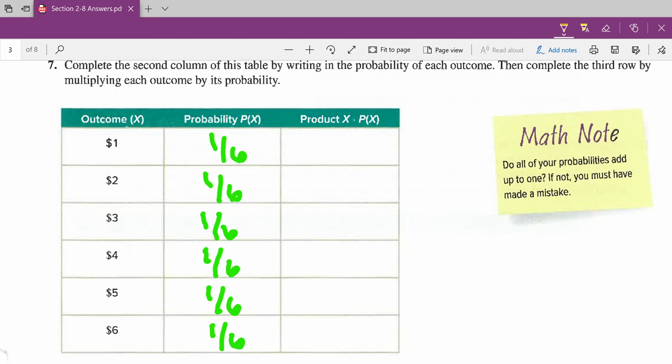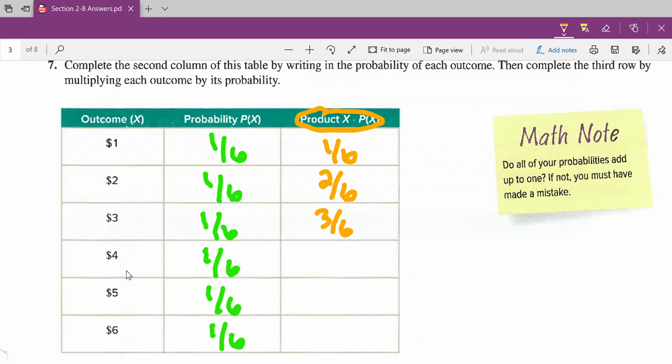As for the amount we win, we are going to multiply. I like how this describes this. We multiply the previous two columns. I take 1 times 1/6 and I get 1/6. 2 times 1/6 is 2 over 6. It goes against everything we've ever learned, but let's keep it in unsimplified form. What would 3 times 1/6 be? 3 over 6.